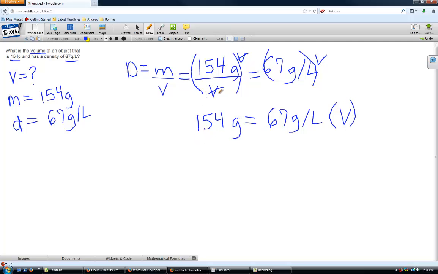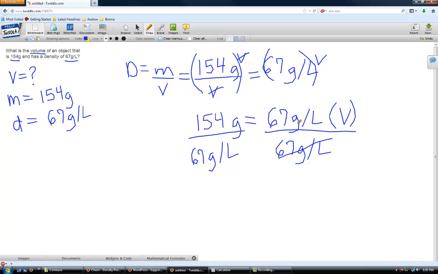So that first step was to get the V in the numerator, on top instead of below this division. The next step, I want to get the V alone. So what I do is I divide both sides by 67 grams per liter.